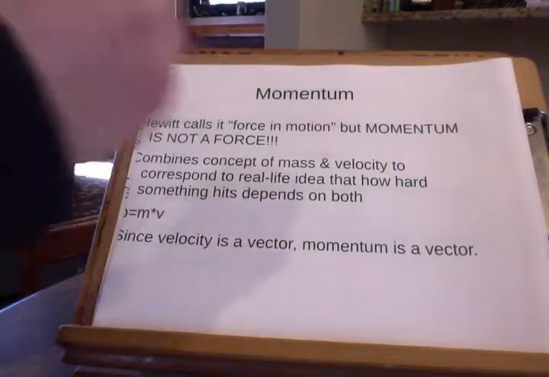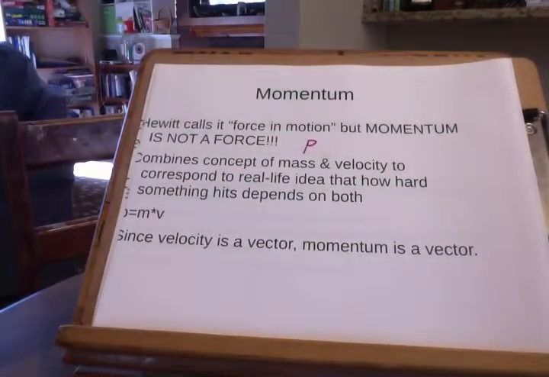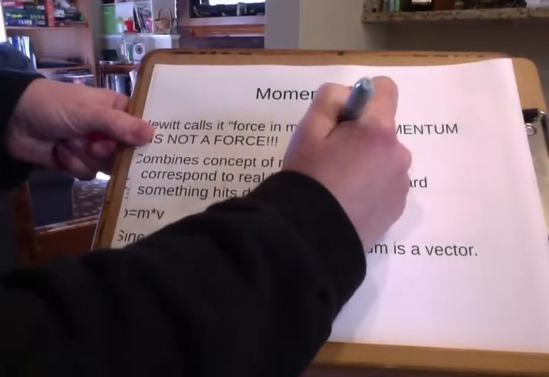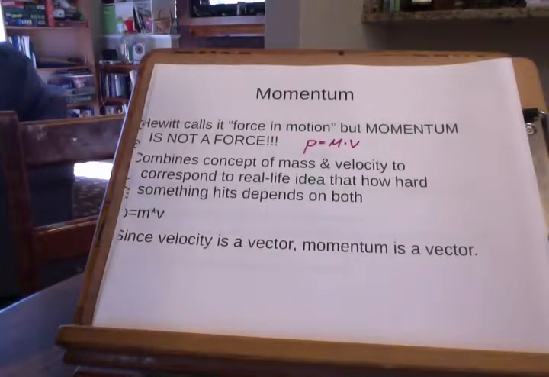Momentum, symbol P, combines the idea of mass and velocity, because how hard something hits you, and how you end up responding to that, depends on both.